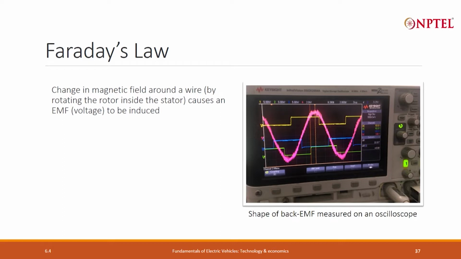If I rotate it faster, the ups and downs will become bigger, the peak will also go up. At the same time, the rapidity with which it goes up and down will also increase, because the x axis is the time axis. I am completing more cycles in 1 second than I was doing before. So, the frequency will also increase and the amplitude will also increase.